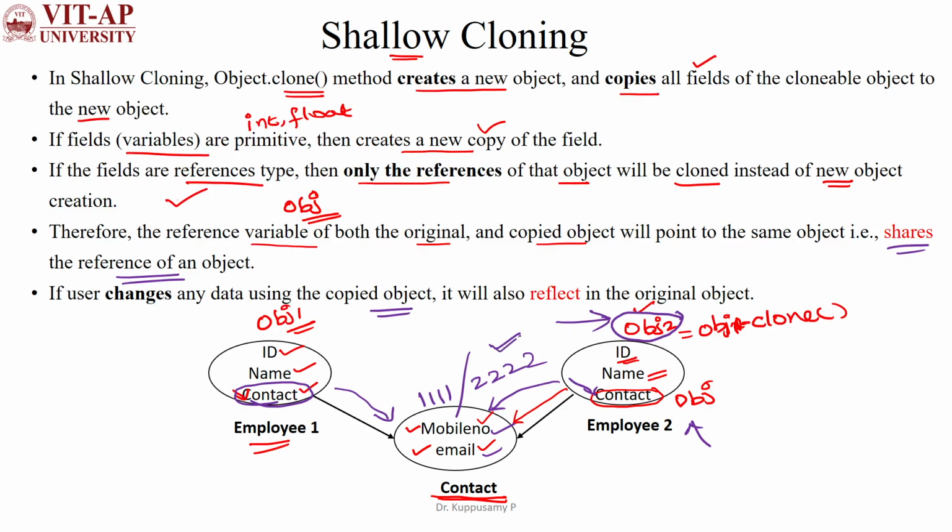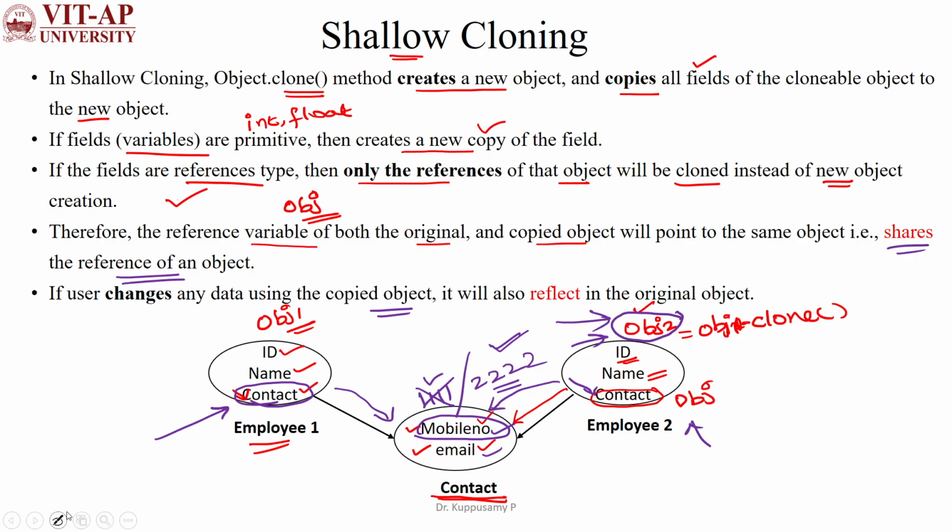If I change this into 4 twos using obj2, then this value will be replaced. So only the 4 twos will exist here, and when you access this mobile number using this object, only 4 twos will be available.